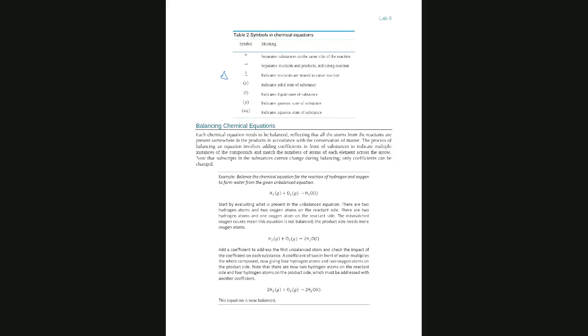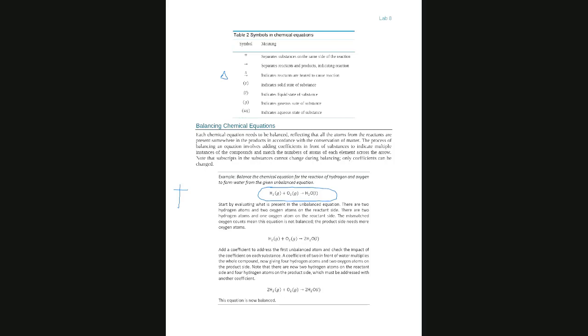Let me zoom a little bit. So here they give us this example. Is this equation balanced? If somebody gives you this equation and asks, is this equation balanced, what do you need to do? You look at the arrow, right? And you are going to make a table.